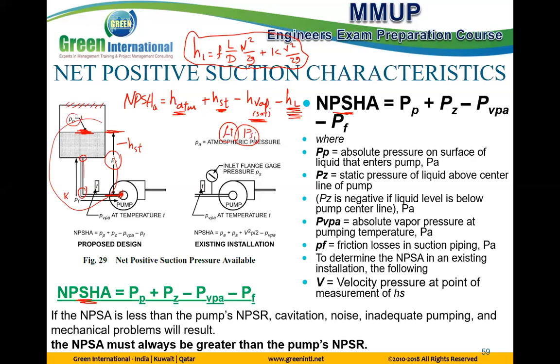So keep in mind, if it is only asking about the pipe, we should not write the K V square by 2G component. Only F into L by D into V square by 2G, according to the problem. But for net positive suction head, if he doesn't mention what you need to calculate, we have to write the complete equation.